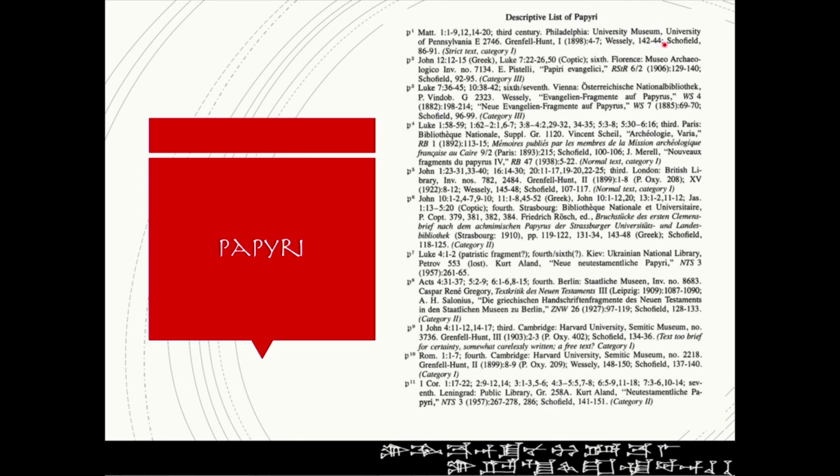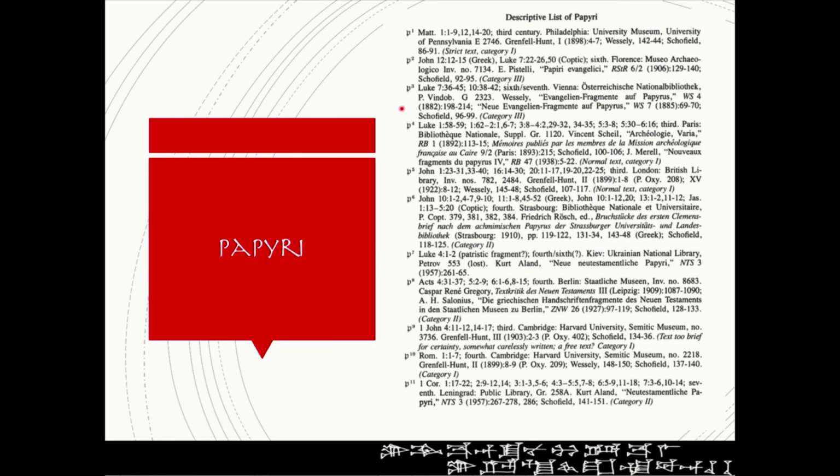And then there's some bibliographic information about it. The same thing here with Papyrus 2. So it contains John 12, 12 through 15, and Luke 7, 22 to 26, and verse 50, but in the Coptic. It's a 6th century manuscript, and it's housed in Florence.